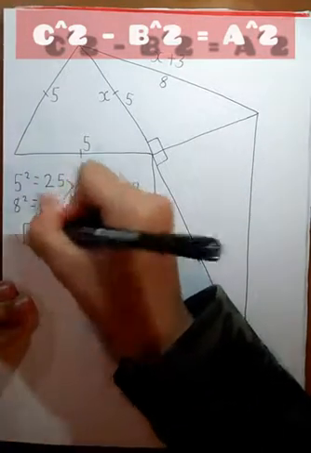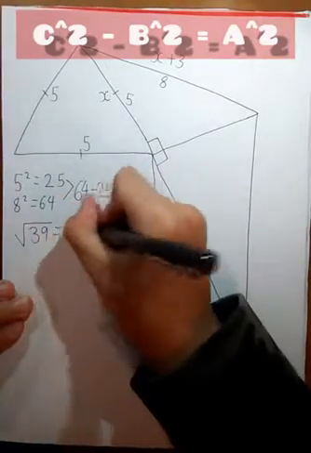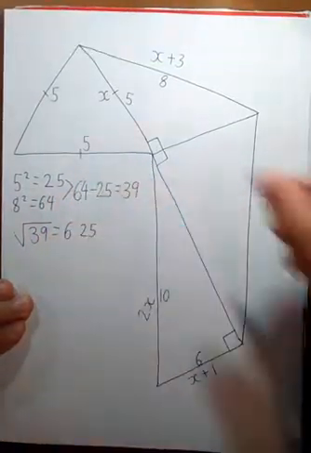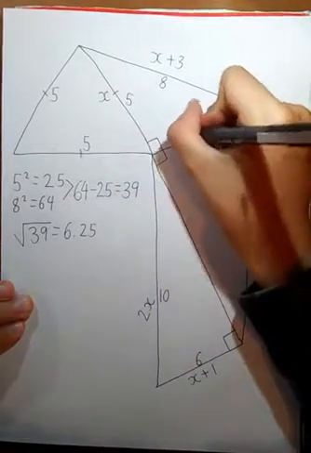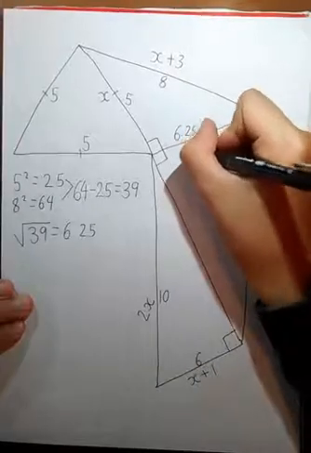And the square root of 39 equals 6.25. So we can write that in. And this side will be the same as this one, so we can write that in on this triangle.